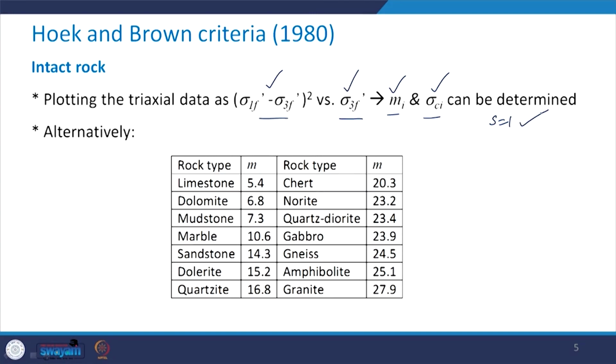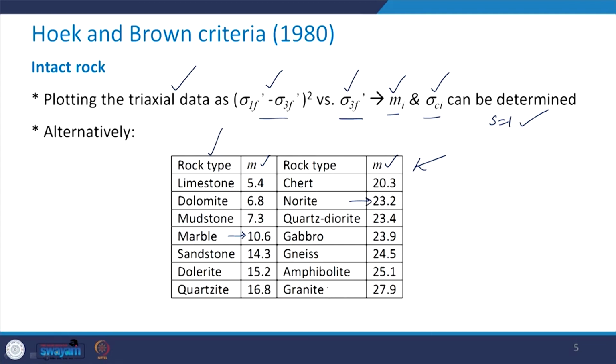Now, if it is not possible to get this mi from the triaxial test data, then we can find it from this table, depending upon the various rock types. Here the value of m has been given. We have discussed this table earlier as well. Say in case of marble it is 10.6 and in case of norite it is 23.2.